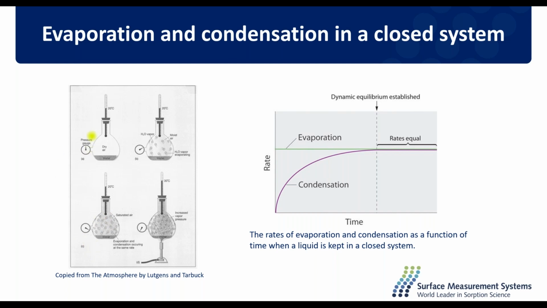If we had a pressure gauge connected to the container, what we'd see is the evaporation and condensation rates converging as pressure is increasing until it stabilizes to the vapor pressure of the liquid or of the solid.